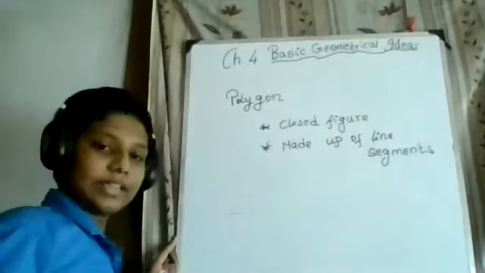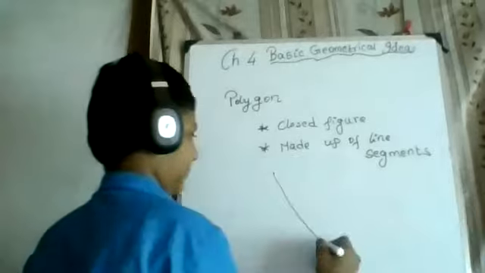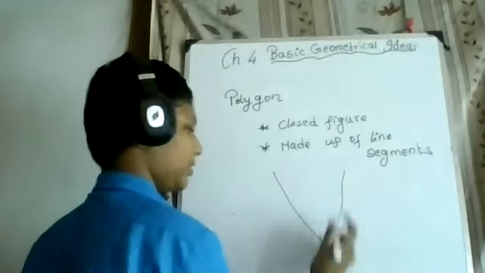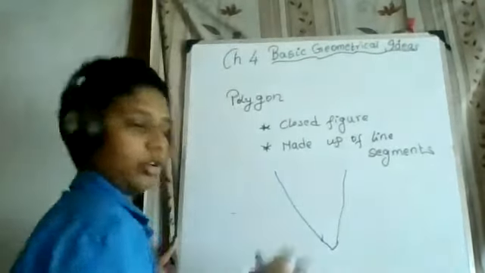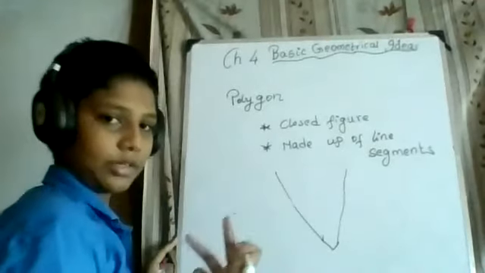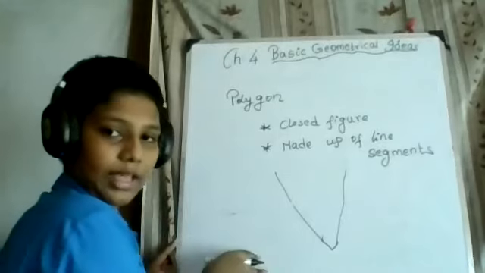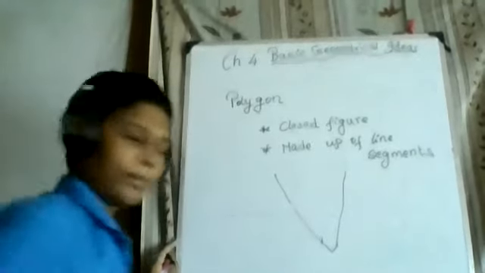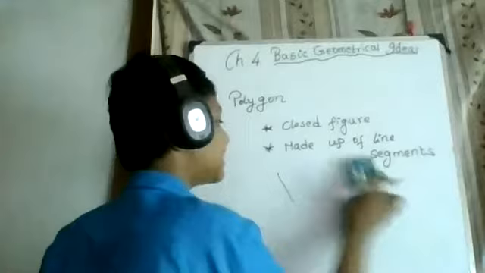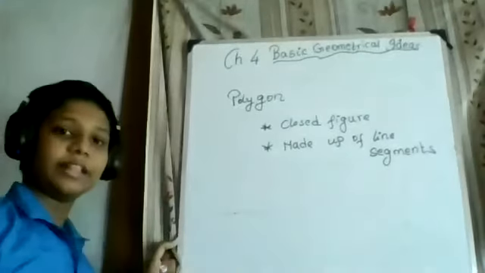And let us see two line segments. Here they are not joined, so it is not a closed figure, and this is not a polygon. A polygon is not made of two line segments. And let us see three line segments.